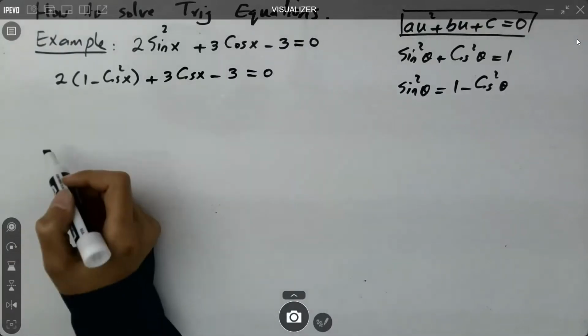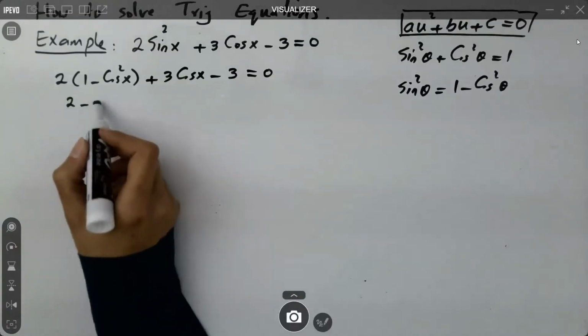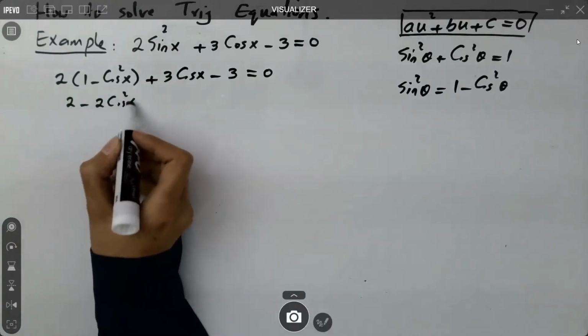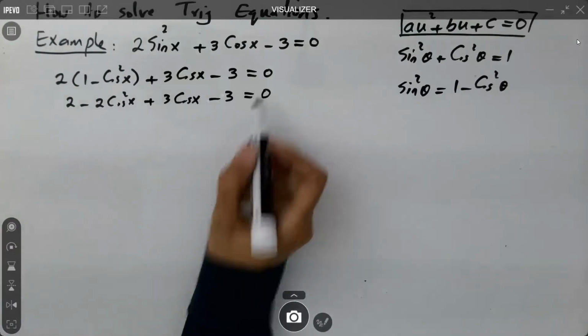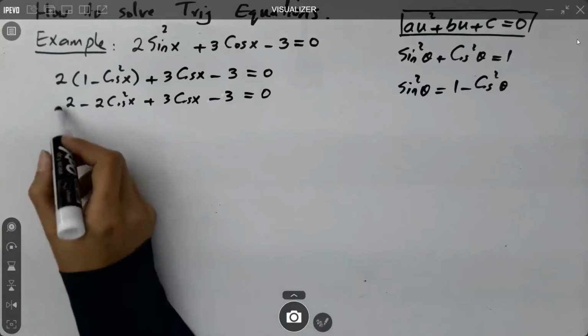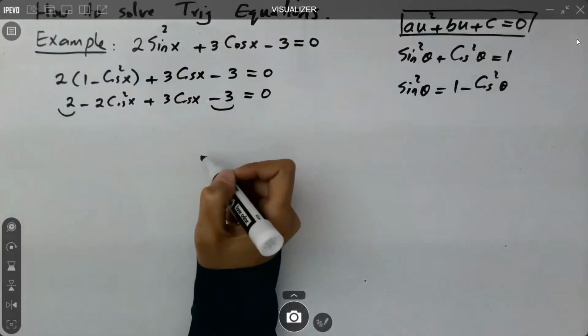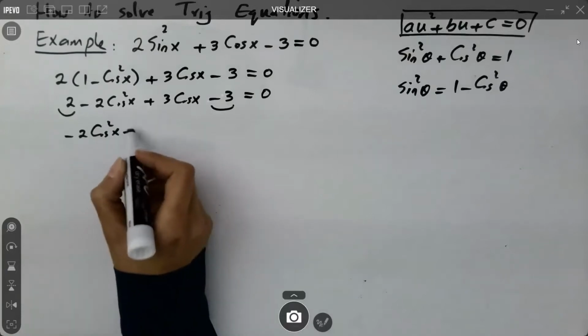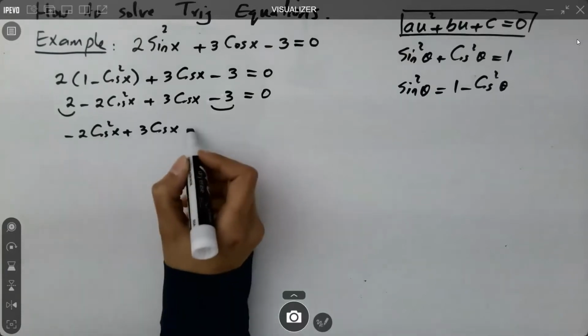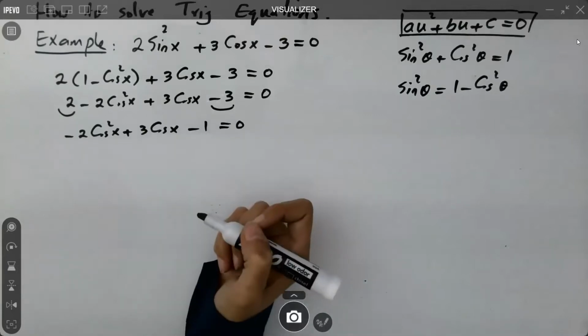Well, distribute 2 into parentheses. Get 2 minus 2 cosine squared of x plus 3 cosine of x minus 3 equal to 0. We have some constants. Let's just combine them. We get negative 2 cosine squared of x plus 3 cosine of x minus 1 equal to 0.